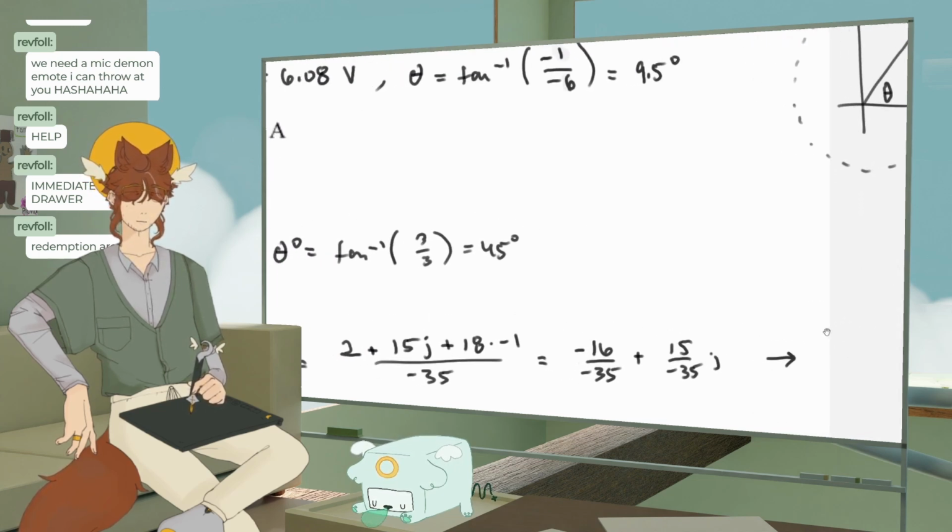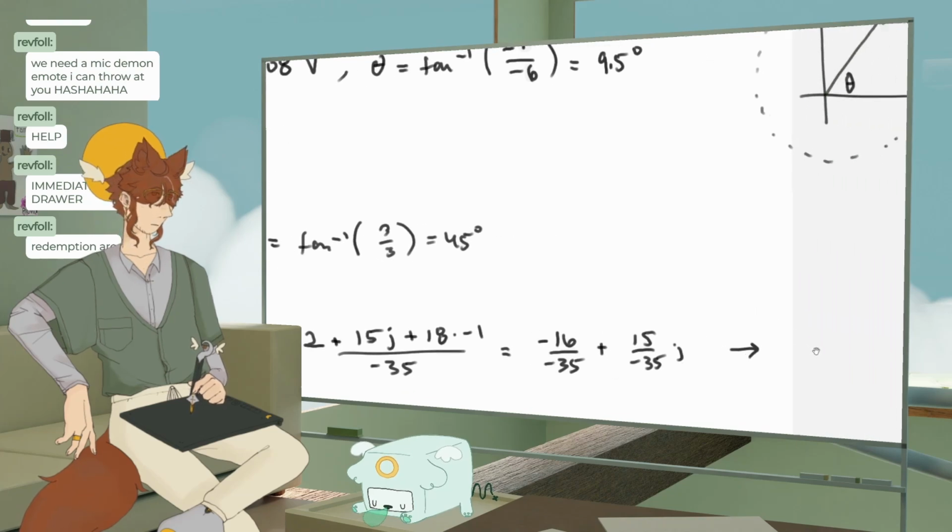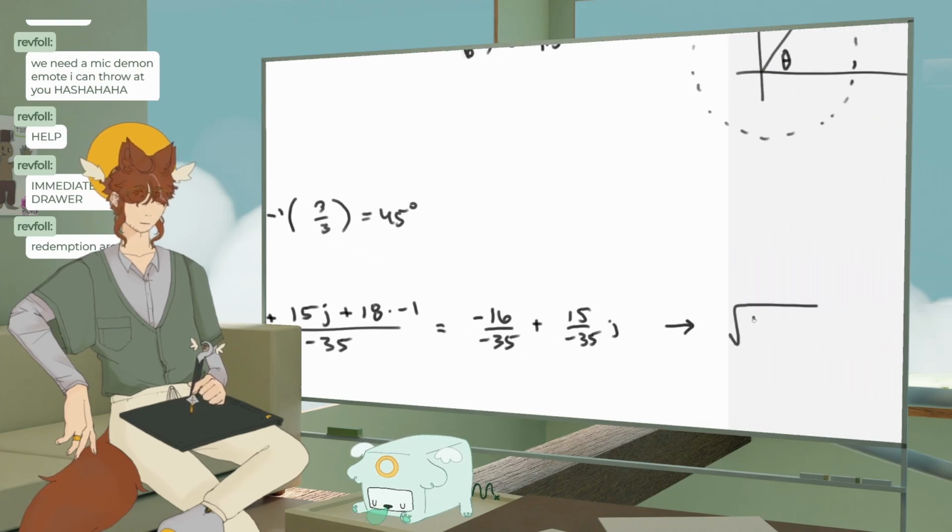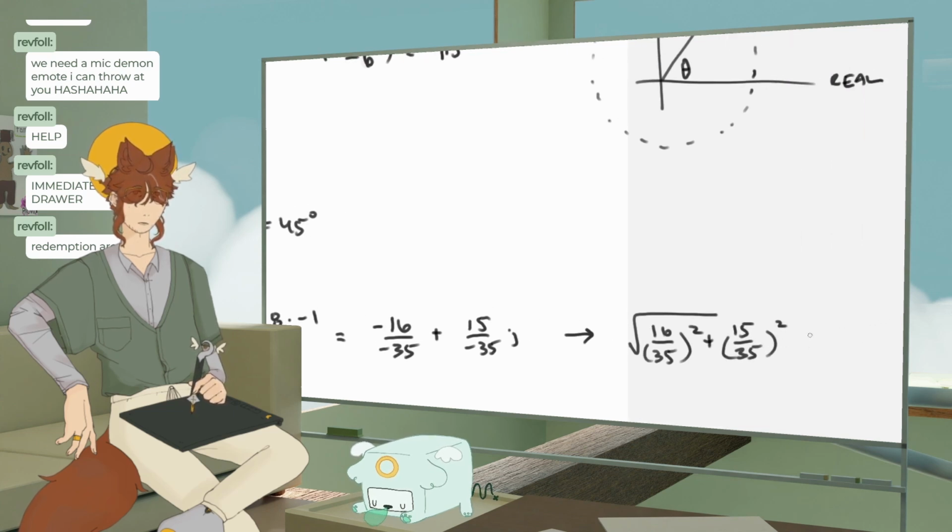So we just put these in the thing, and then everybody's happy. 16 over 35 squared, plus 15 over 35 squared, equals a number that we all know and love, right? Everybody's favorite number. I definitely know it off the top of my head. I love it when numbers are so specific. 0.626620, obviously.